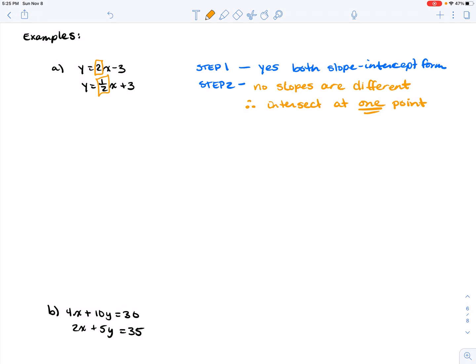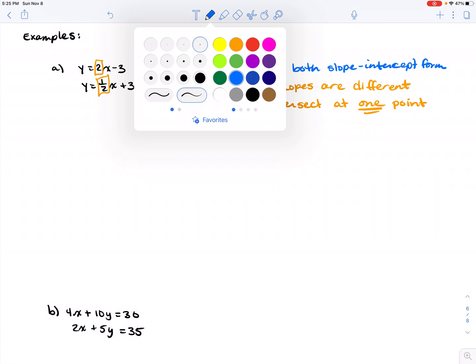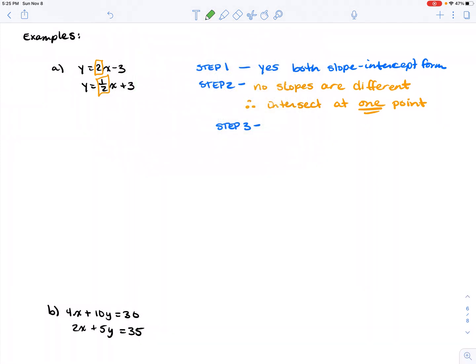Now, if we look at graphing, we look at step 3, we can look at the y-intercepts. For this first equation, it's at y equals -3. For the second equation, it's at y equals +3. So we have two different intercepts.